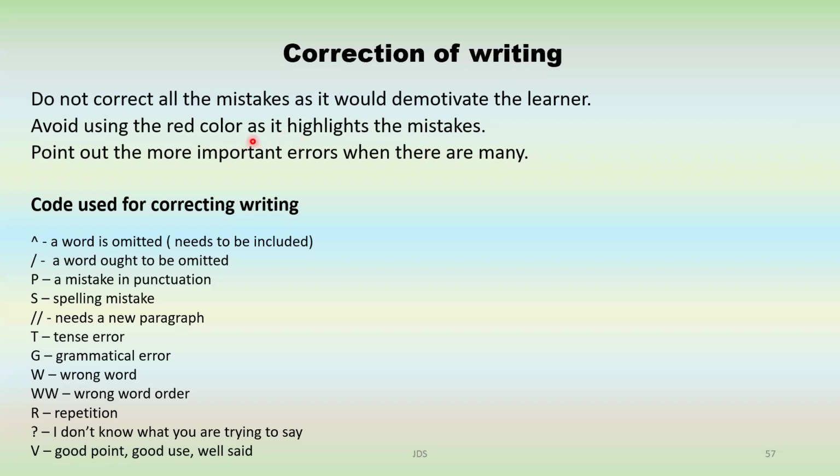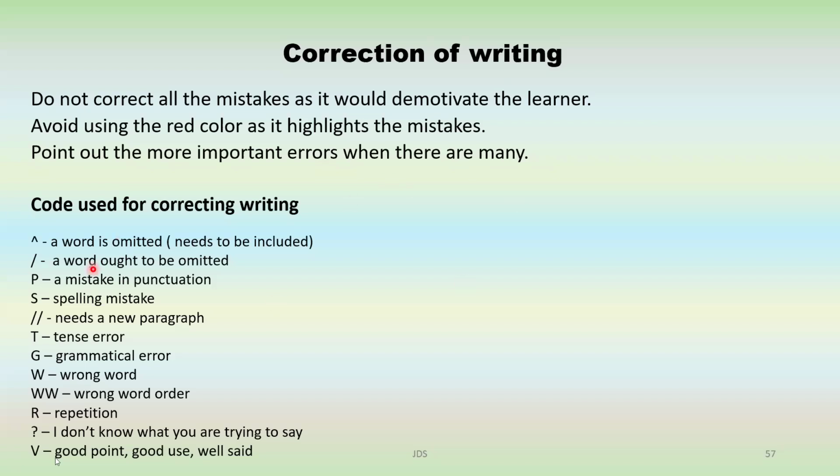Therefore, it's advised to use a different color, either purple or green. Point out the more important errors when there are many, right? Don't underline, circle, or cut and chop each and every mistake. Highlight only the important ones.